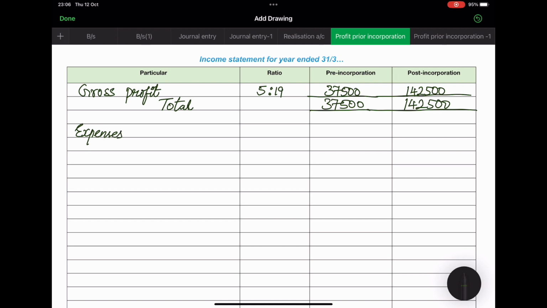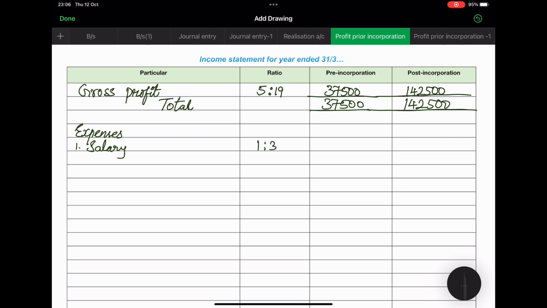Next, expenses. One by one, we are going to take the expenses. For point A we calculated the sales ratio, and for point B, gross profit, we also calculated that. Next, they have given salary and other expenses. Salary is purely based on the time ratio, which we calculated as 1:3.